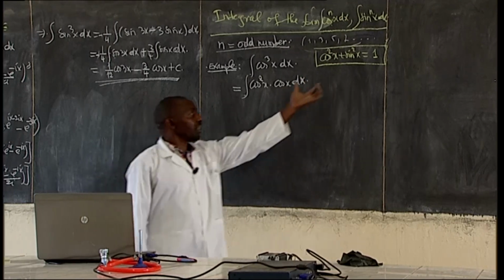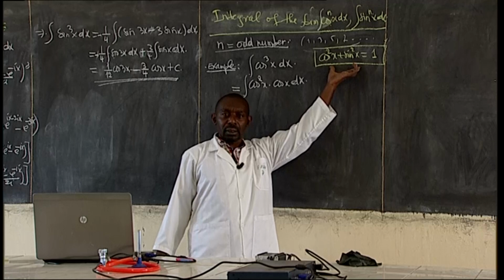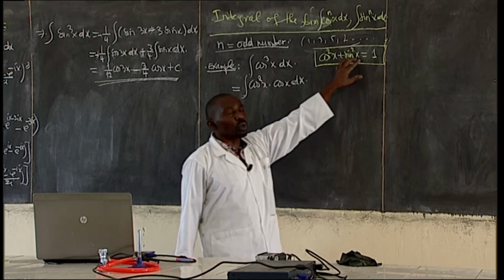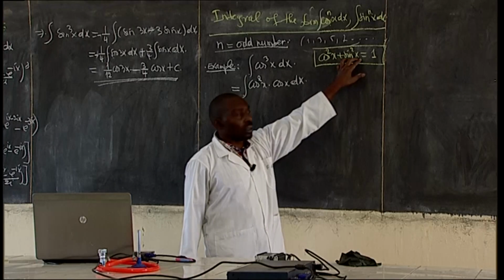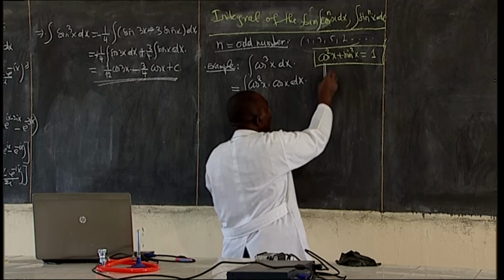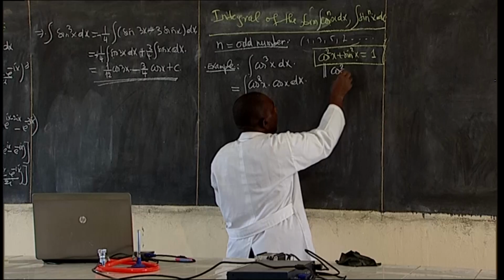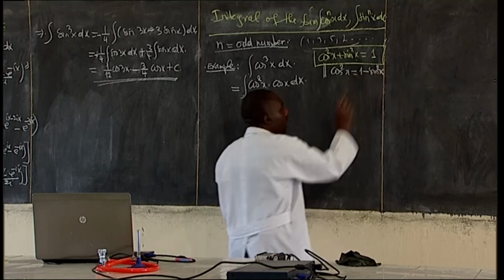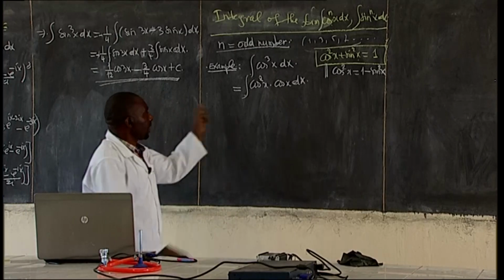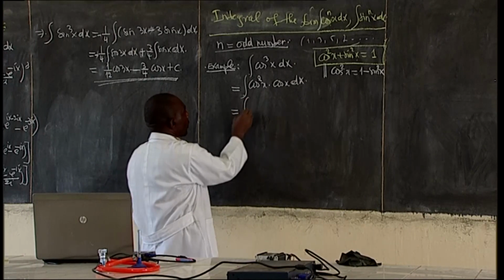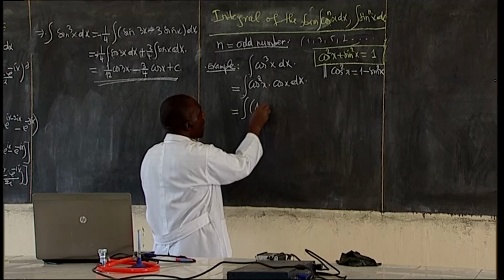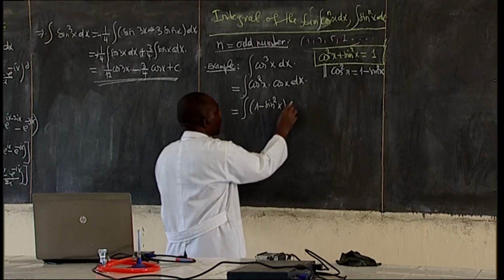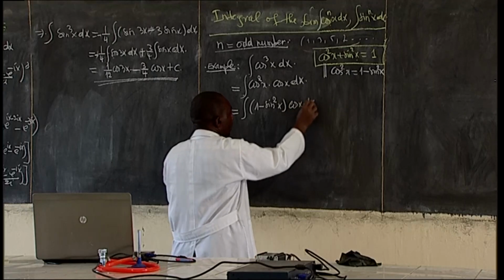Using this identity, I can express cosine squared x in terms of sine squared x. So cosine squared x is equal to 1 minus sine squared of x. Do you see? Means that my integral becomes integral of 1 minus sine squared x times cosine x dx.